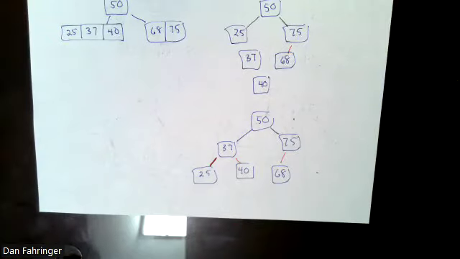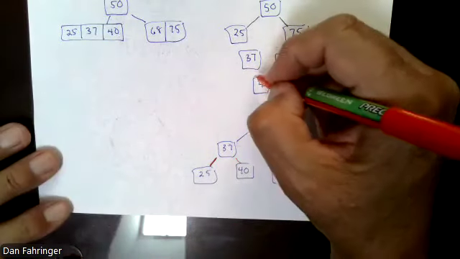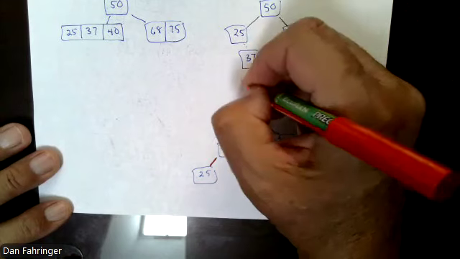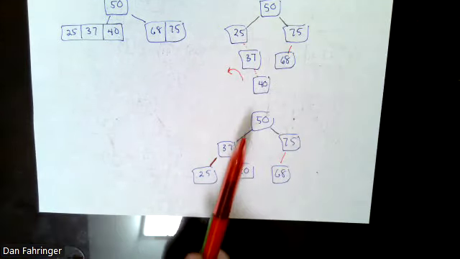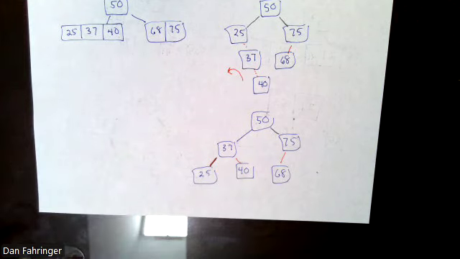What did I do? Yeah, I got two reds in a row. So I did an Adelson-Velsky type left rotation. Really? Yep.